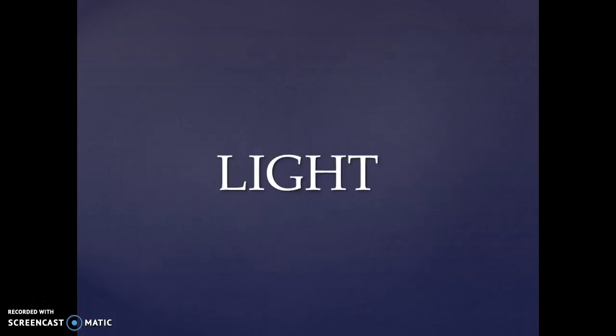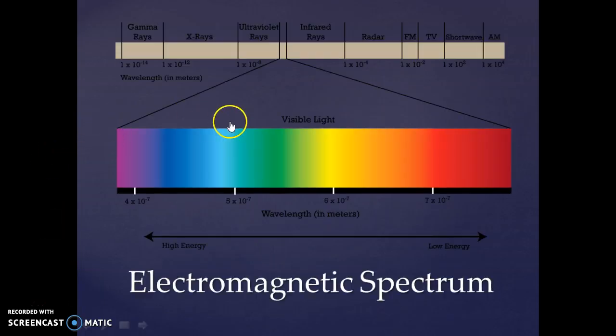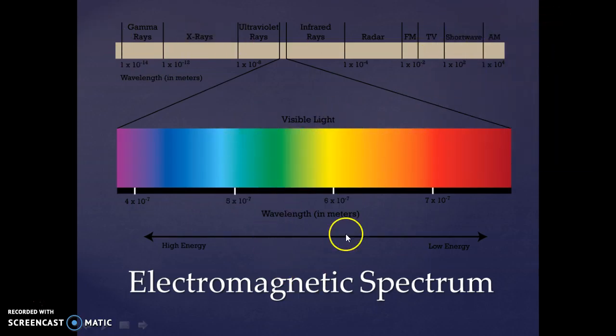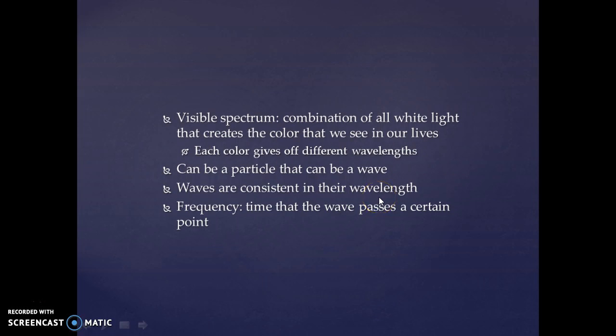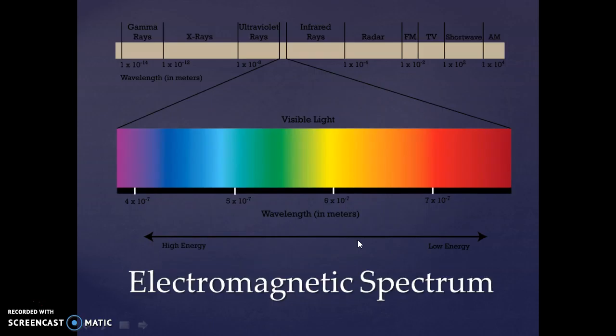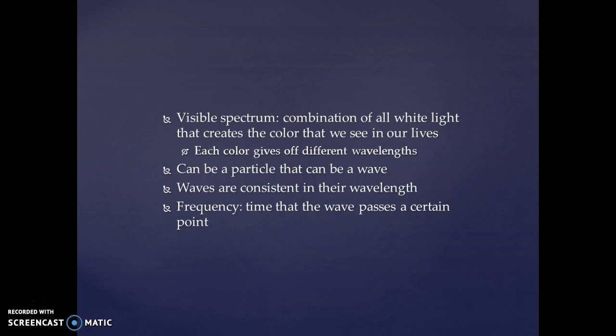So now we're going to light, and light is pretty much just the different wavelengths in our lives. And we have the gamma rays all the way through the AM wavelengths, and usually we deal mostly with the visible light, which is just the combination of all the white light that creates the colors that we see in our lives. And each color, like shown here in the visible light, is given different wavelengths for its own color.